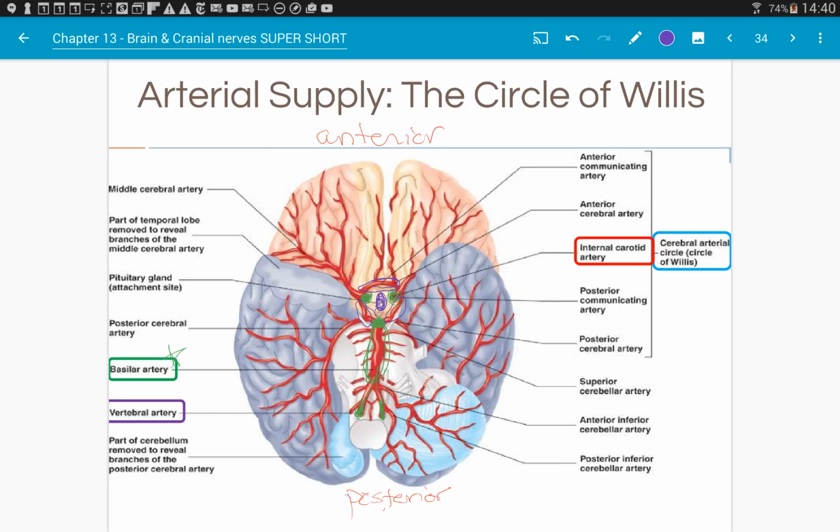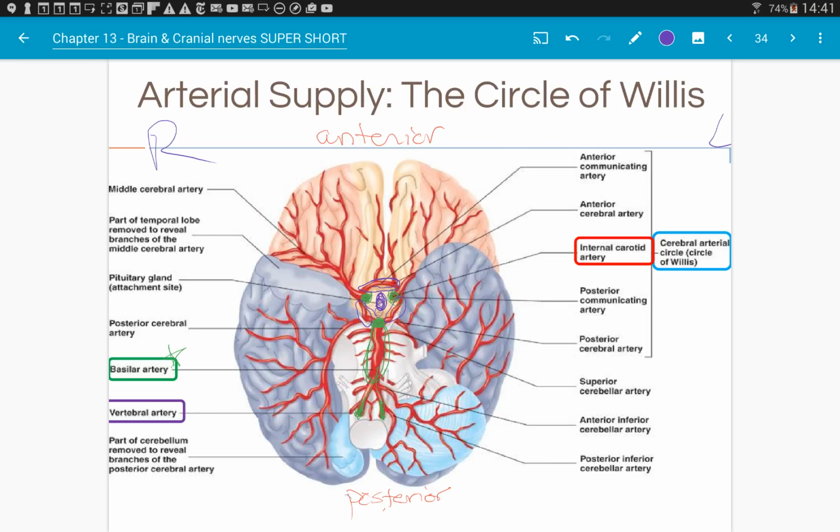Well, if we did not have this structure called the circle of Willis, so if we're looking underneath, this is the right, this is the left, blood would not come from one of those vessels. If I don't have blood here to supply the right half of the temporal lobe, technically speaking, all of the tissue that's supposed to be supplied with that blood will die.